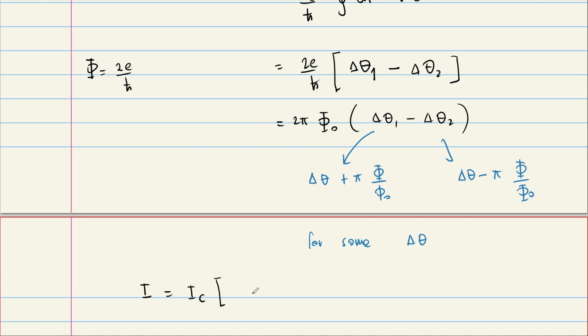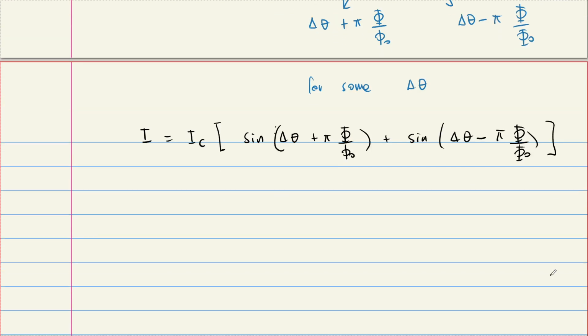Then if I write the current corresponding to this, I'm going to have I equal to I critical times sine of delta theta plus pi phi over phi naught, plus sine of delta theta minus pi phi over phi naught. And now you can use this sine and cosine identity to write sine of a plus b plus sine of a minus b as sine times cosine.